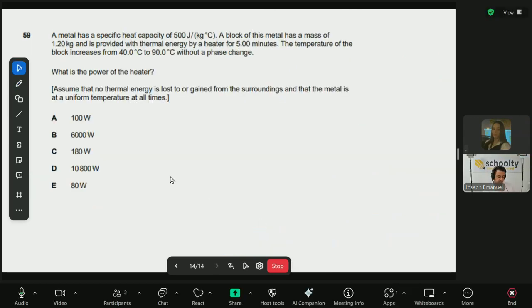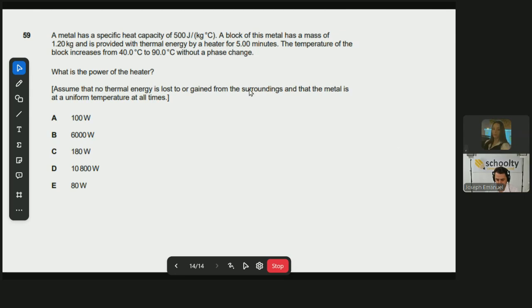Okay, question number 59. A metal has a specific heat capacity of 500 joules per kilogram Celsius. A block of this metal has a mass of 1.2 kilograms and is provided with thermal energy by a heater for 5 minutes.